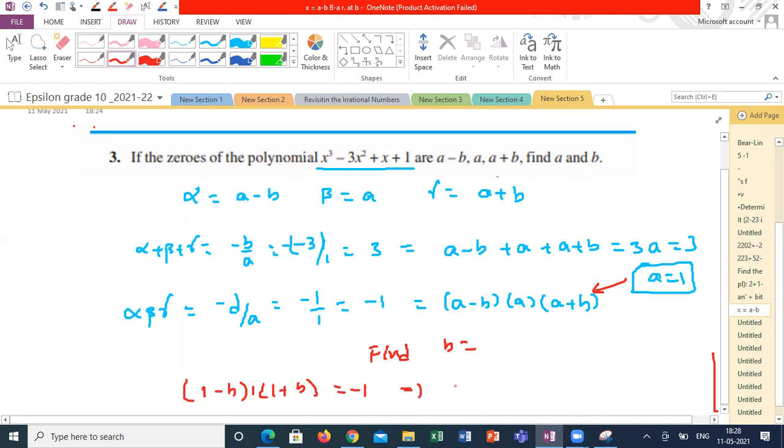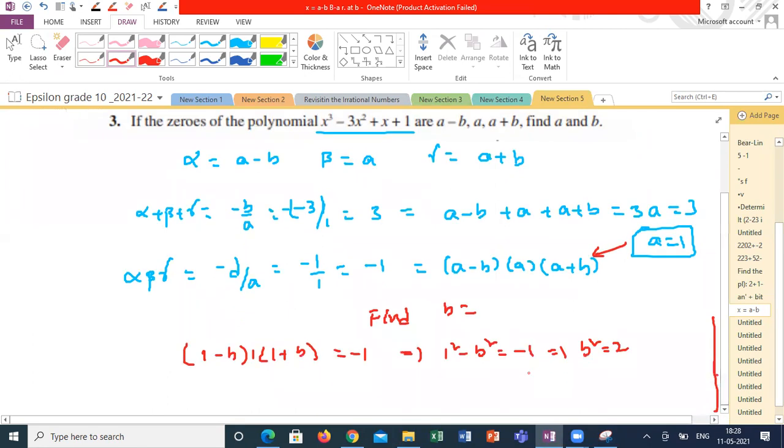So 1 square minus b square is equal to minus 1. So b square is equal to 2. Root 2 is the answer. B is equal to plus or minus root 2.